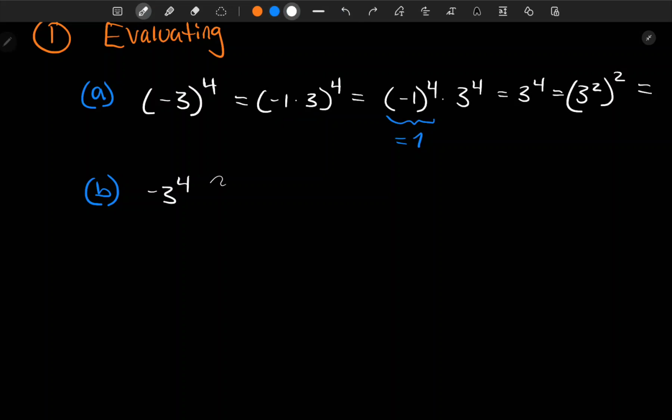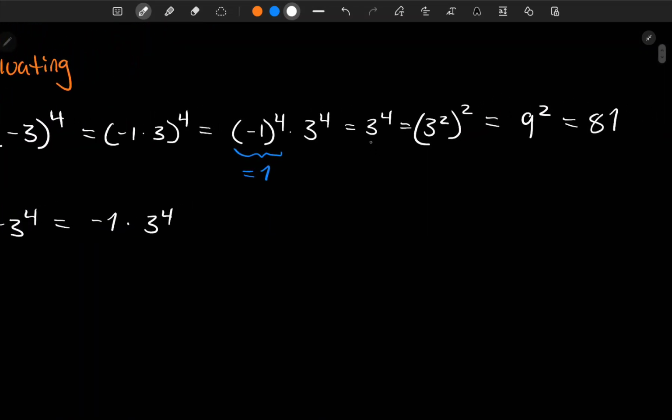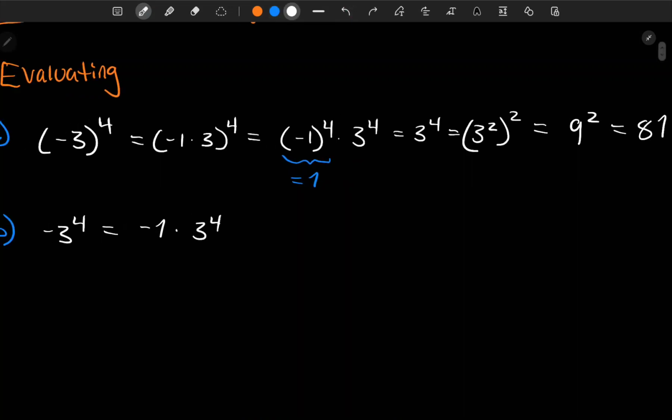So here, this is really equal to -1 times 3^4. Well, what we found before was that 3^4 is equal to 81. So -3^4 should be equal to -1 times 81, which is equal to -81.